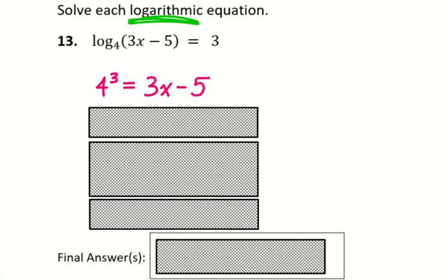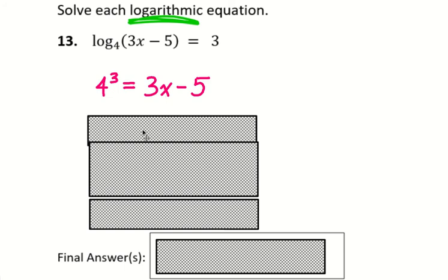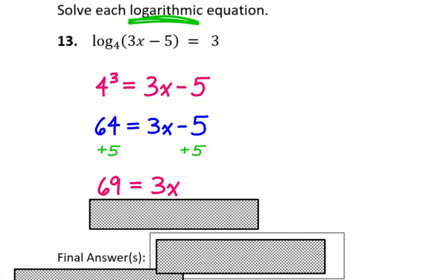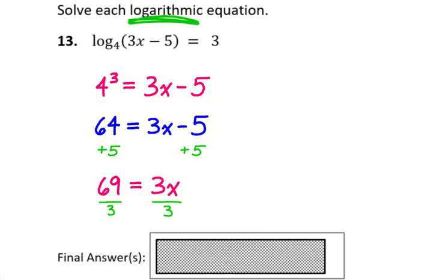See how solvable this just became when you think about getting x by itself? All I really did was 4 to the third is 64. Now you add 5 to both sides like you've done a million times and divide both sides by 3.